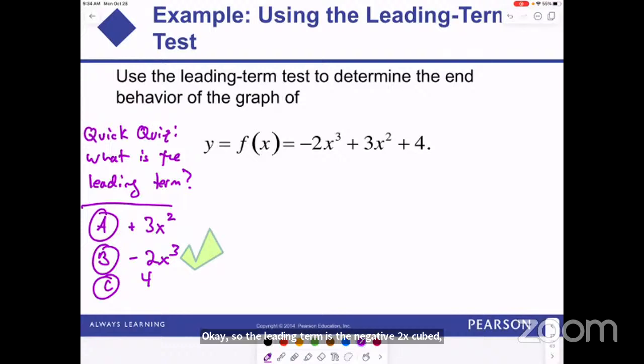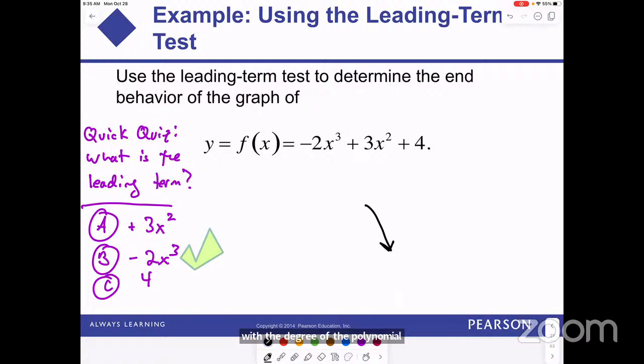So now if we go to use the leading term test, what does that tell us about the graph? Any brave soul feel like they can describe what happens to the right and what happens to the left? Going once, going twice. Okay. With the leading coefficient being negative, we're anticipating it to fall to the right. The degree of the polynomial is odd.